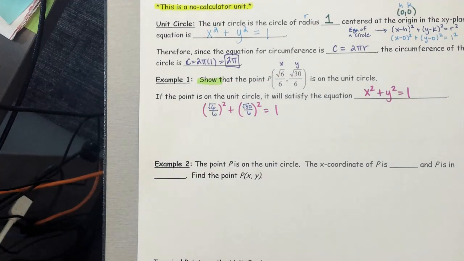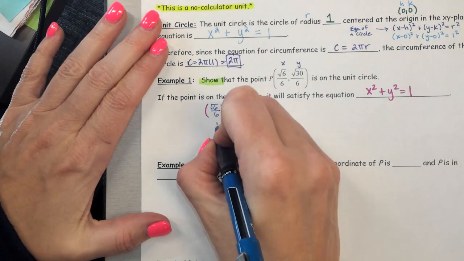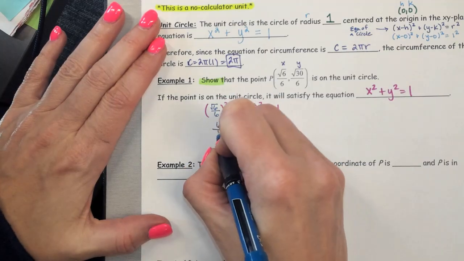Okay, see if you can do those next few steps. You should have 1, 2, and then the third step will be that they're equal to each other. So when you square a square root, it undoes the square root because they're inverses. What's 6 squared? 36.